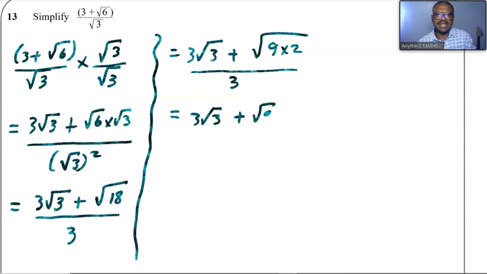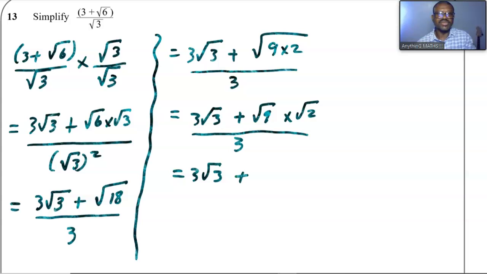And the next step will be 3 root 3 plus root 9, which is 3, times root 2, so 3 root 2, all over 3.